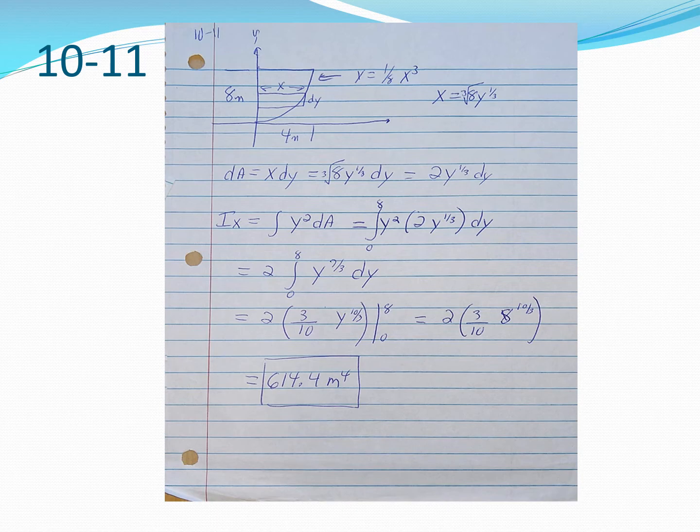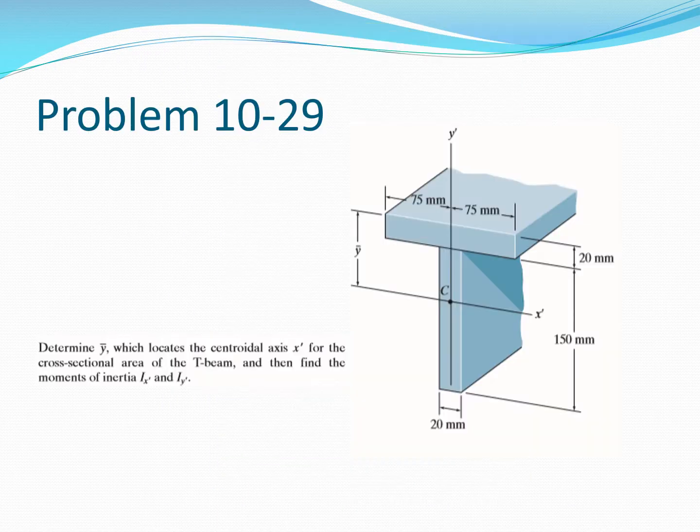The second type I'd expect you to be able to do is composite areas. This particular problem is actually kind of a nasty problem, for a reason I'll mention in a second. In an I-beam, the location of the centroid is dead in the center. This is not an I-beam, it's a T-beam.